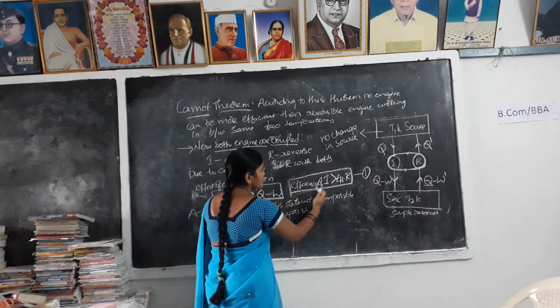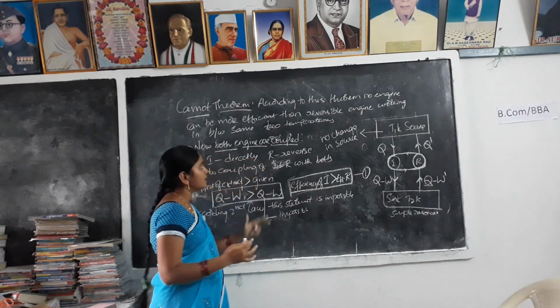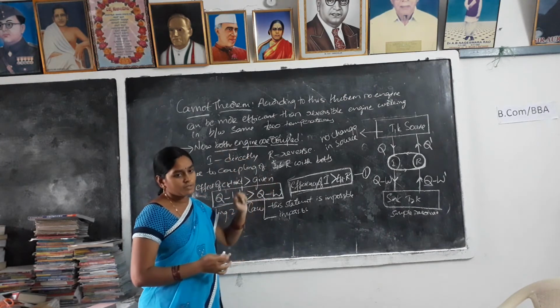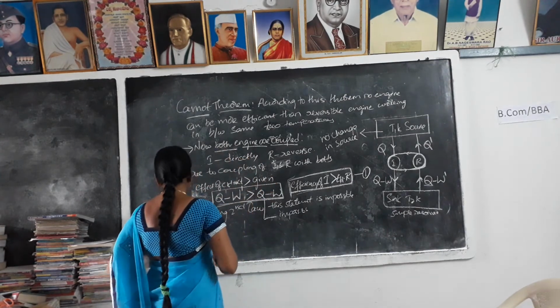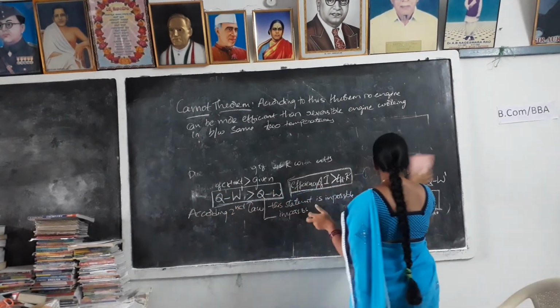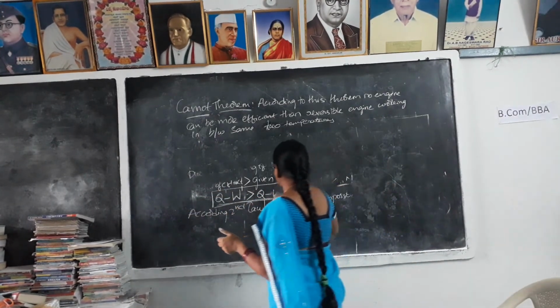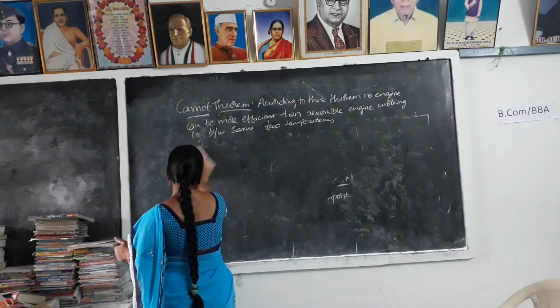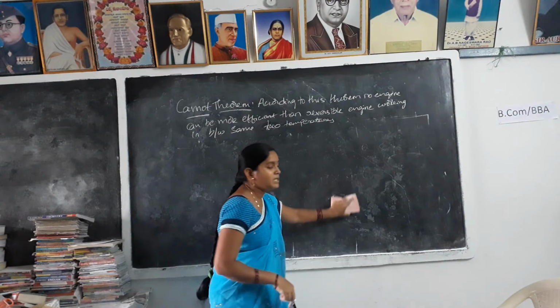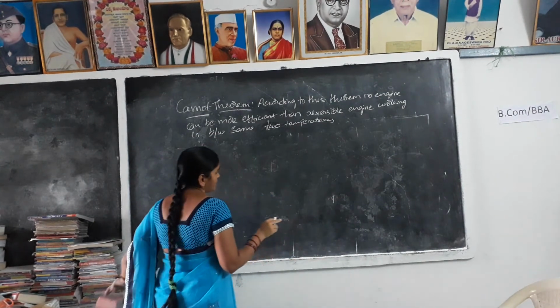So by these two statements we conclude that the reversible engine is more efficient than the irreversible. By these two conditions we concluded the reversible engine is more efficient, right?